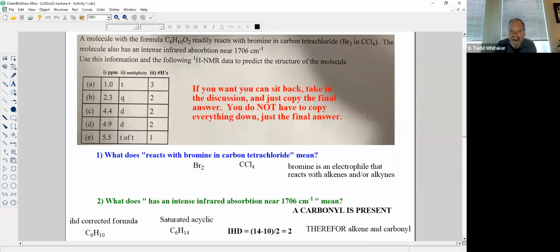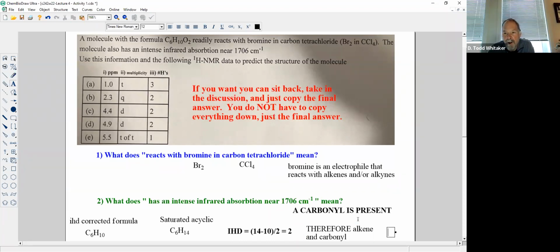As soon as I figure out I've got a carbonyl, I always look for alpha hydrogens. If you forgot, alpha hydrogens are the hydrogens on a carbon one away from the carbonyl.